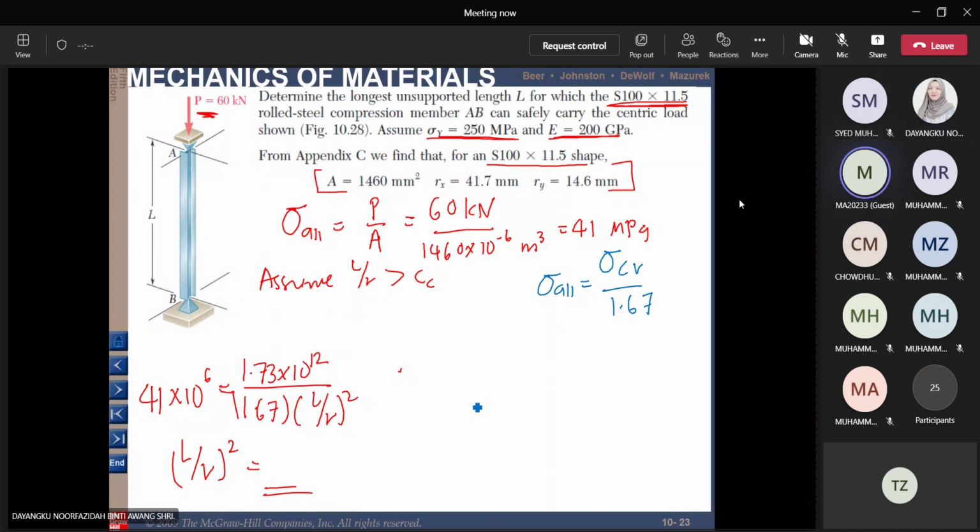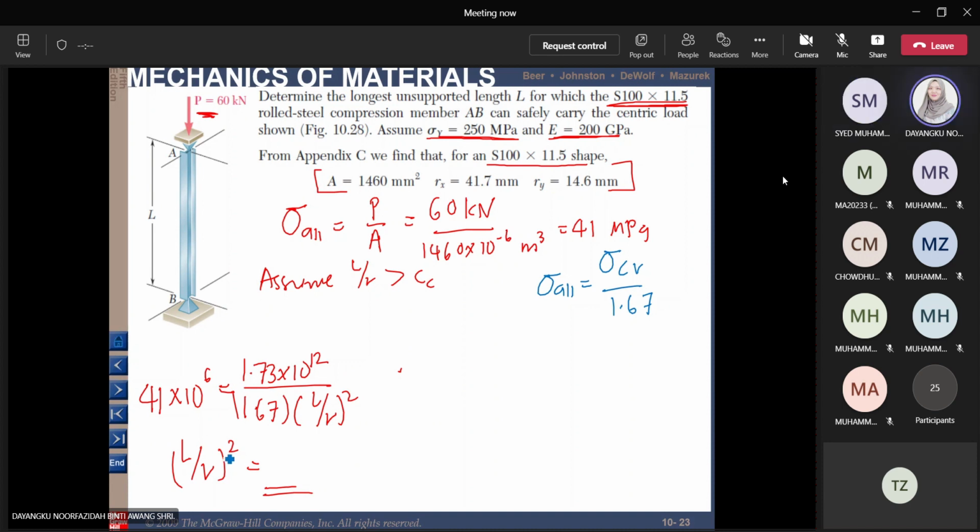Okay, so what is the value? Is that the value of 11.67 beside L over R?